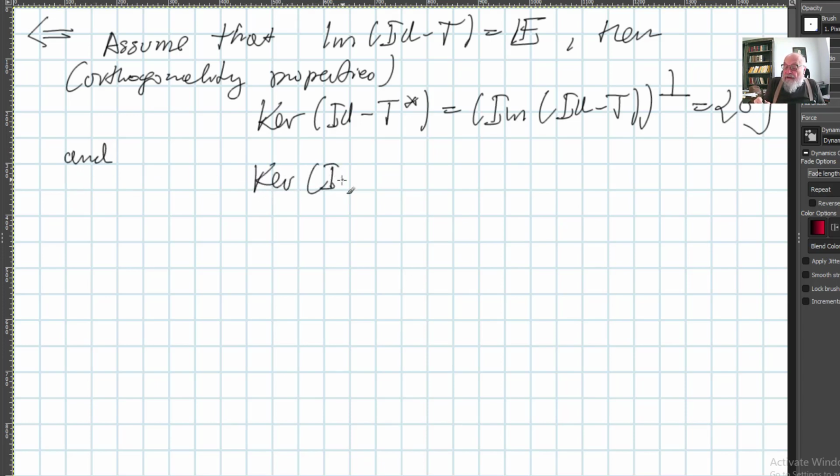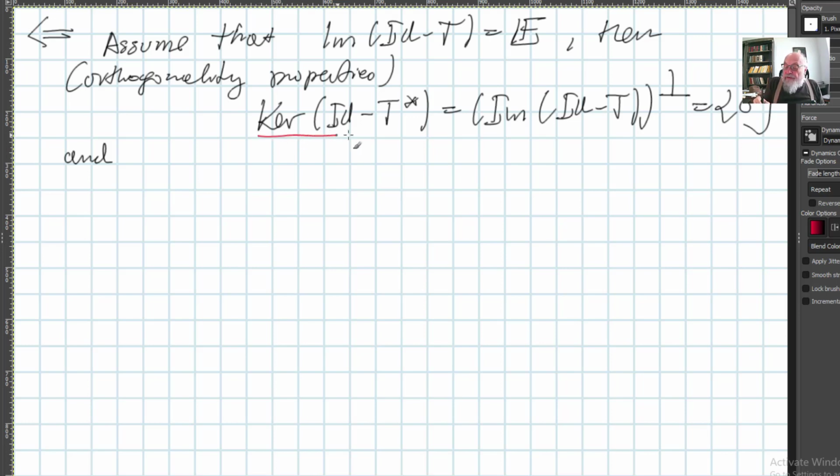Then the kernel of identity minus T, so the image of identity minus T star will be equal to... Oh, yes. Then we just prove it.